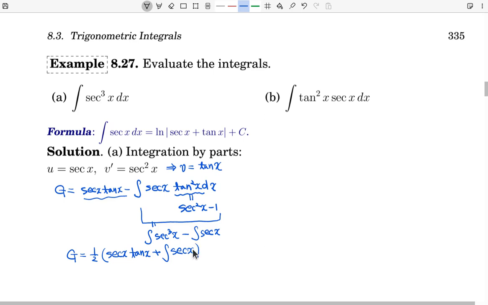Now for the integral of sec x, you already learned that we multiply by sec x plus tangent x over sec x plus tangent x, so that the same term is multiplied on the bottom and top.